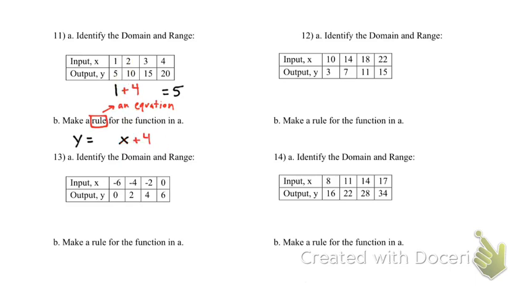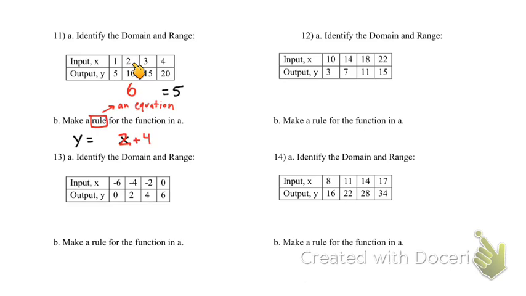But now we have to check. I want to make sure it works for all of them, because the rule has to work for all X's. So now I'm going to plug in my next X value, which is 2. 2 plus 4 is 6. Okay?